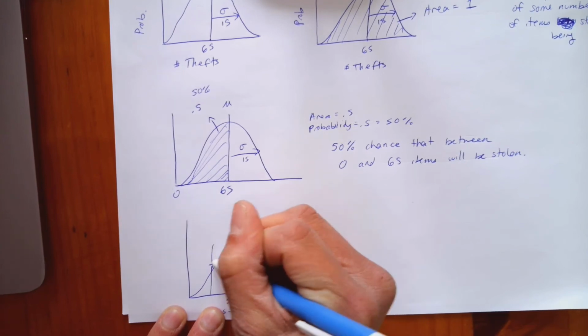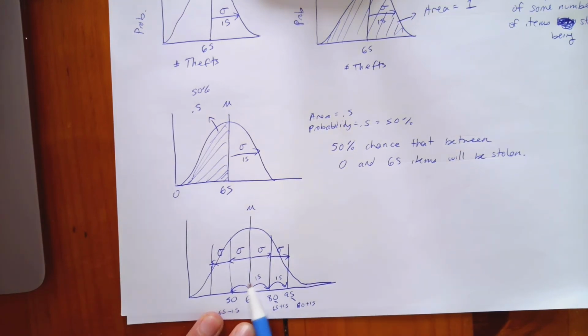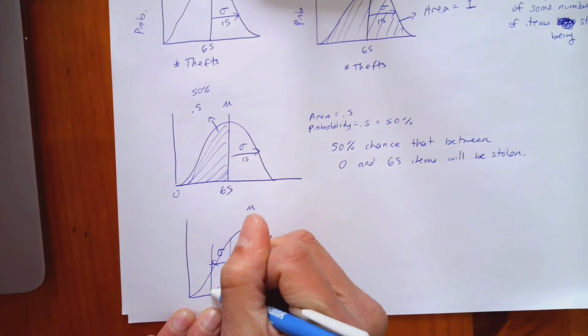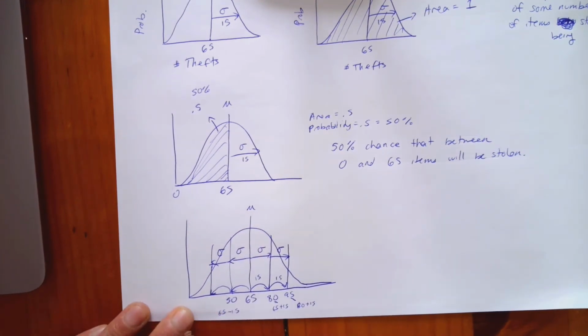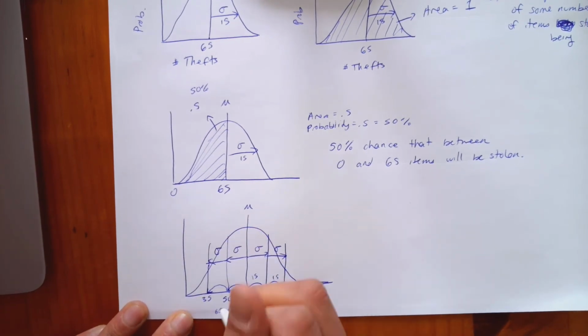So what I'm doing here is dividing this chart into jumps in both directions of different standard deviations. We do another standard deviation jump this way, so that's 15 units in the negative direction. We're subtracting 15 from 50, and we're going to get 35. So 35 is, of course, 50 minus 15.